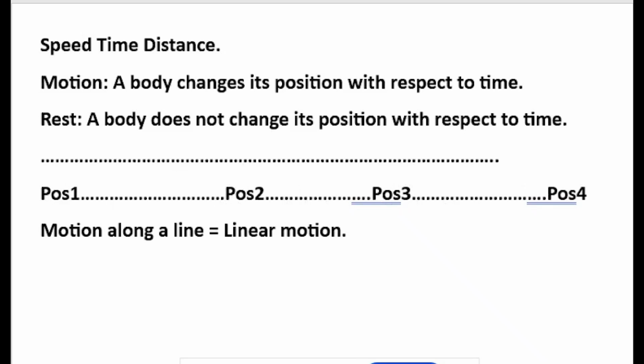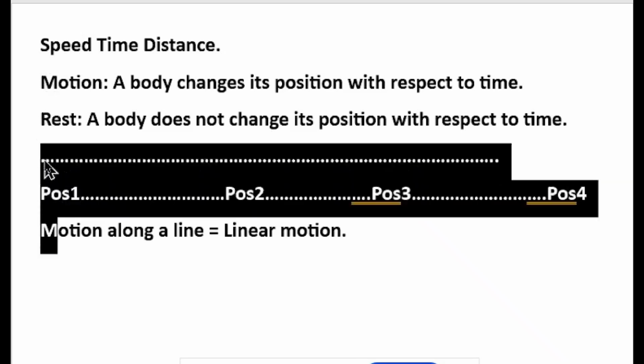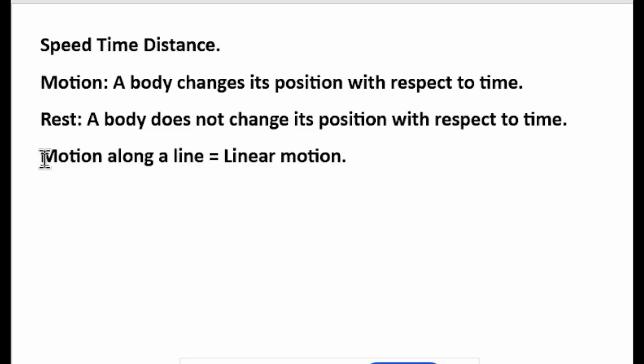All our motion in this chapter, speed, time and distance, will be linear motion. So whatever we are saying is with respect to linear motion. Linear motion, linear distance means distance in a line.